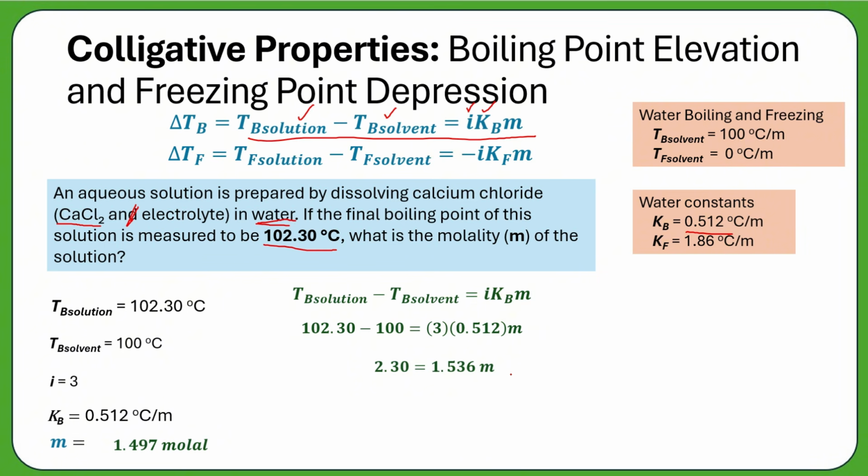Okay, now to get the value of m, we need to isolate m. We need to get rid of 1.536, and to do that, we divide both sides by 1.536, and that's already cancelled. 2.30 divided by 1.536, the answer is 1.497 molal.